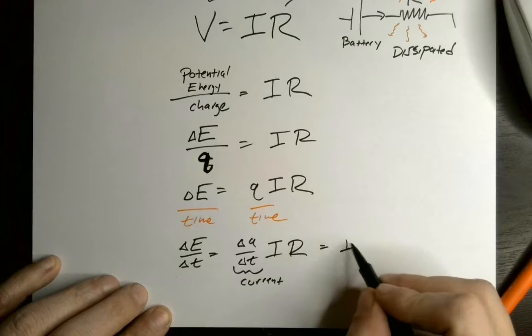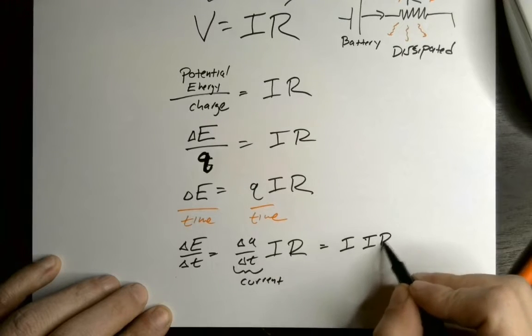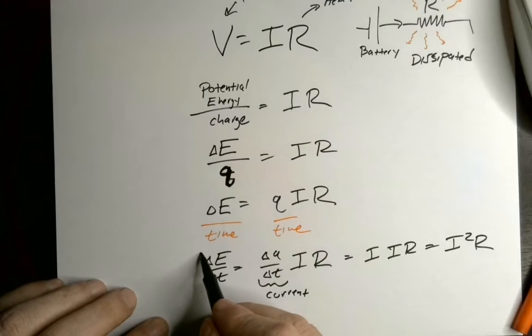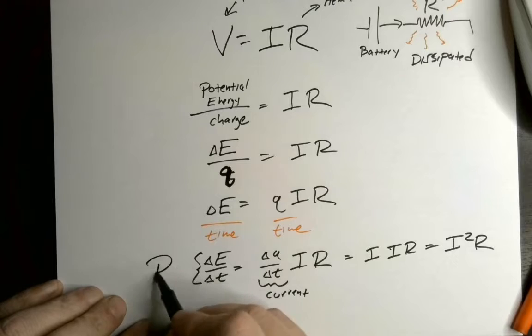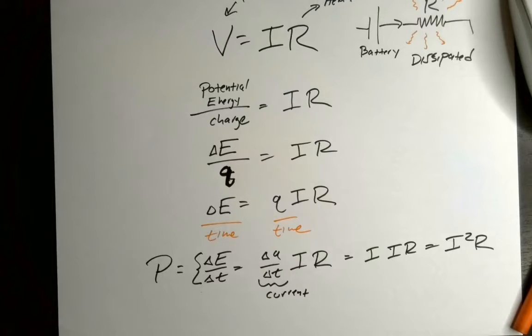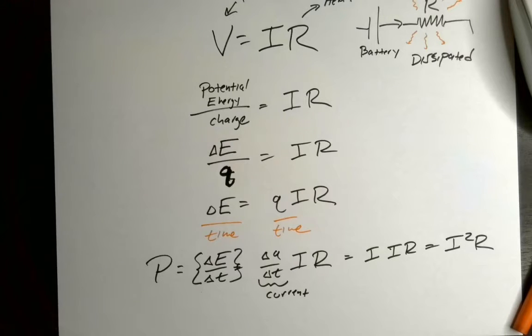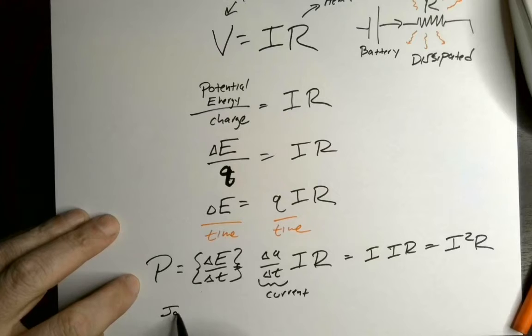So that's I times R, equals I squared R. Change in energy over time is power, right? Power is the amount of energy change of a system per unit time. Power is measured in joules per second. A joule per second is a watt.